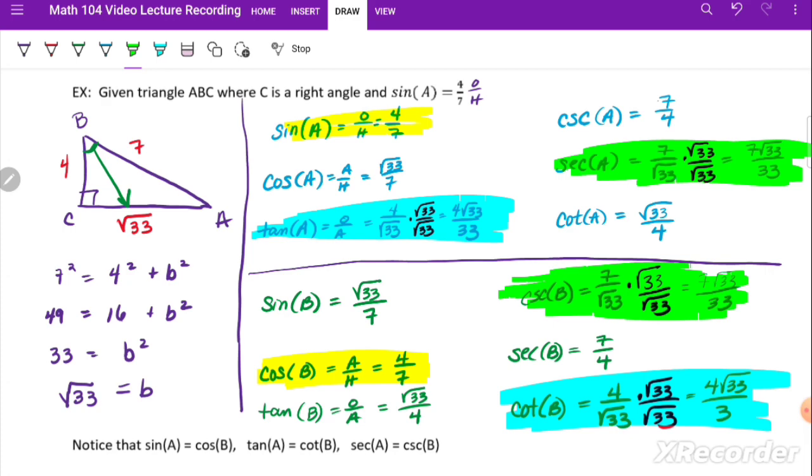Sine, cosine, secant, cosecant, tangent, cotangent. And it does. Those pairings are called cofunctions. And we'll discuss cofunctions more in a future video. But it is a fact that with cofunctions, sine of angle A and cosine of angle B are going to be equal to each other.